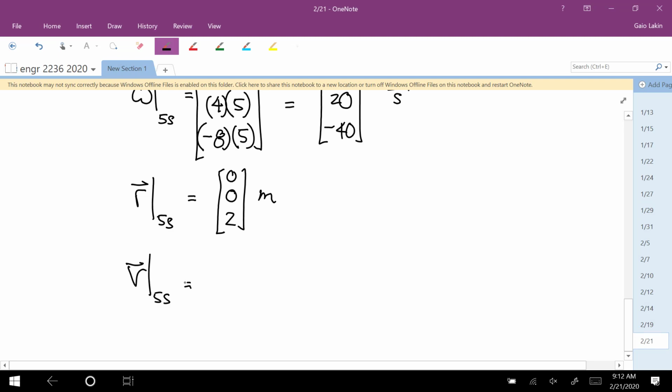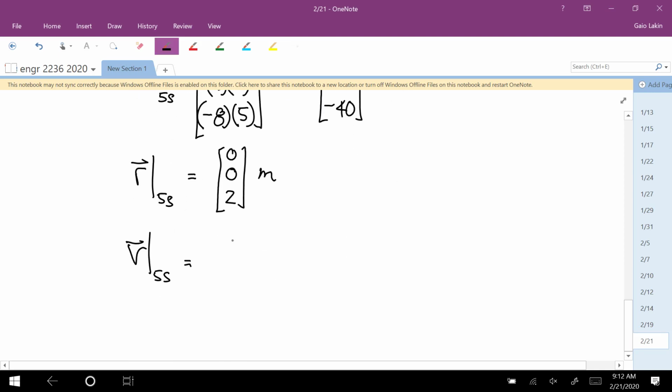Now we can plug that in, and the velocity vector at the time 5 seconds is equal to 5, 20, negative 40, crossed with 0, 0, 2.